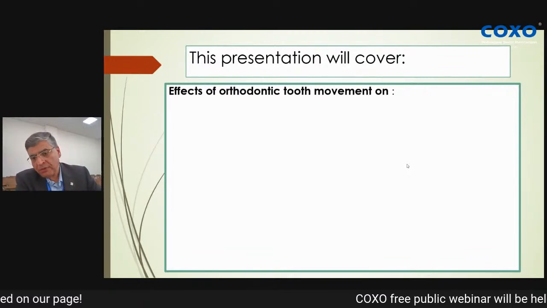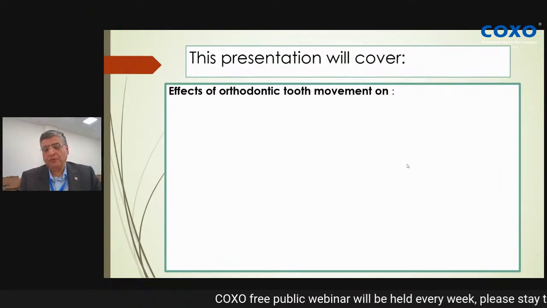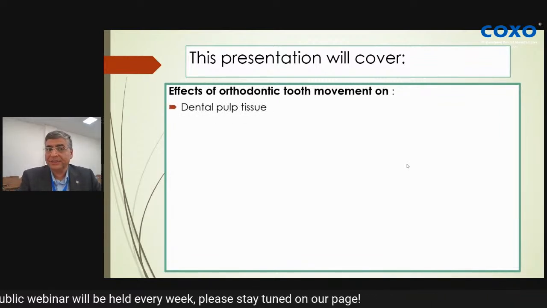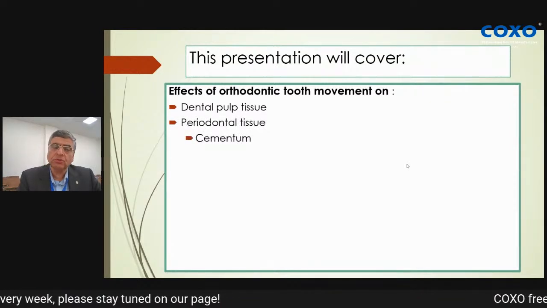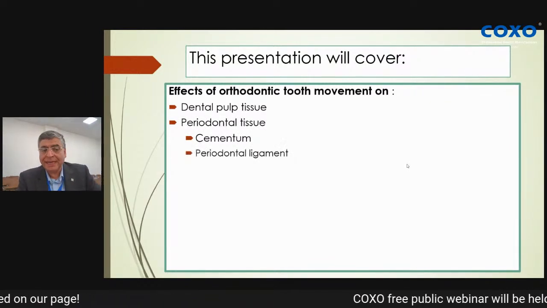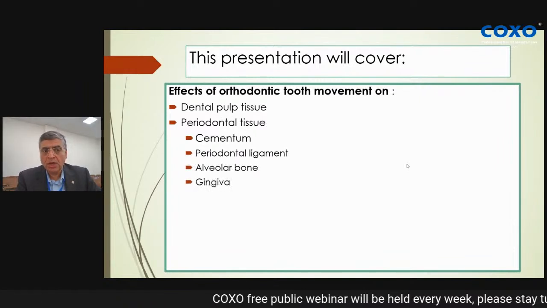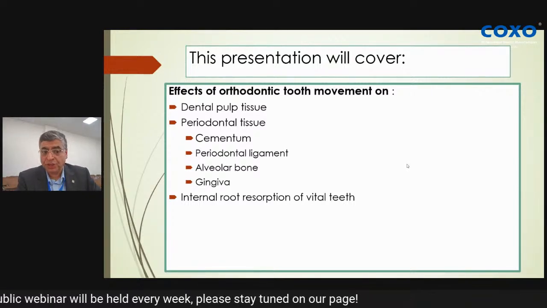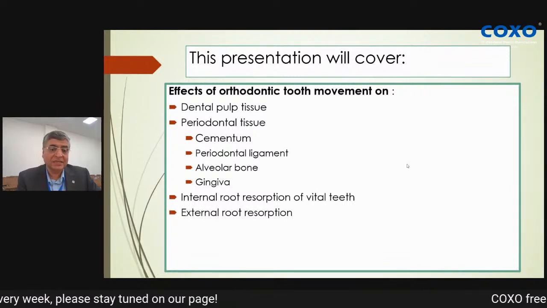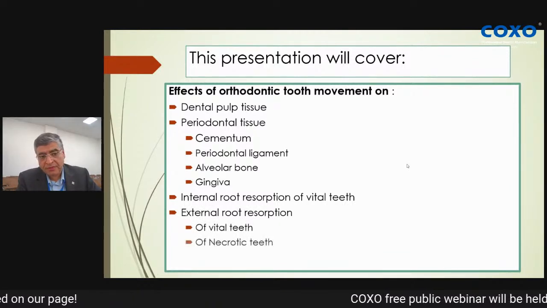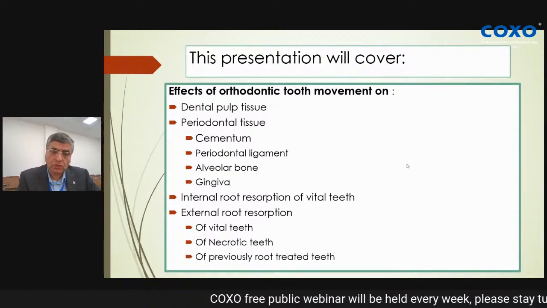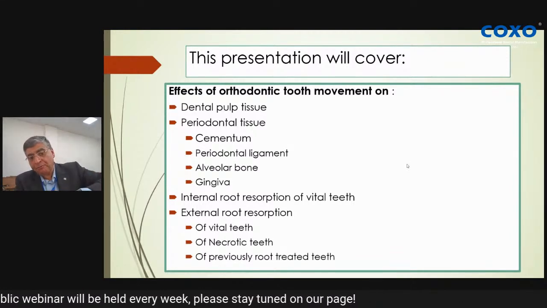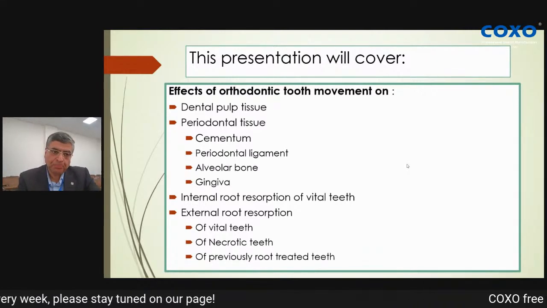We discuss a lot of basic science and information about the physiology and pathophysiology of the effect of orthodontic tooth movement on dental pulp tissues and periodontal tissues, including cementum, periodontal ligament, alveolar bone, and gingiva. We also speak about the effect of orthodontic tooth movement on internal root resorption of vital teeth, external root resorption of vital teeth and of necrotic teeth, and also the effect of tooth movement which ends up in external root resorption of previously root-treated teeth.